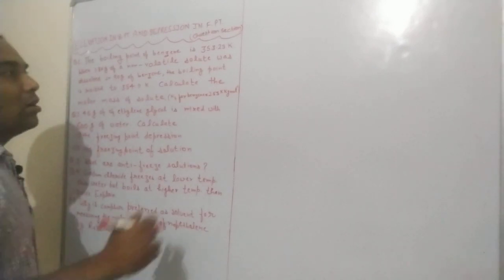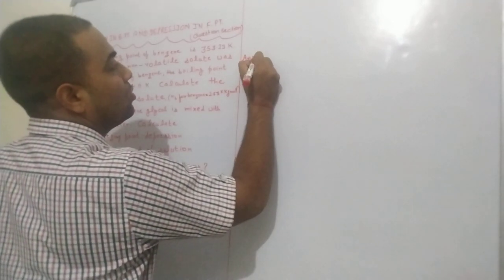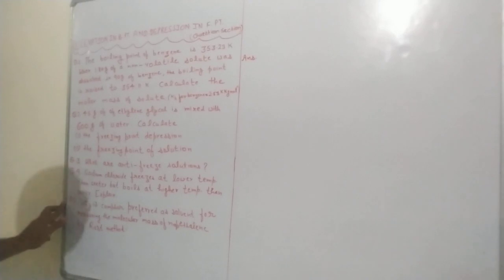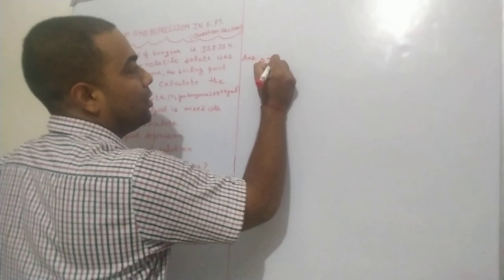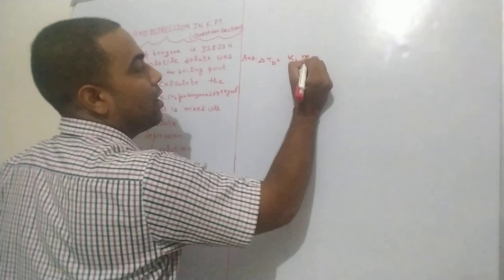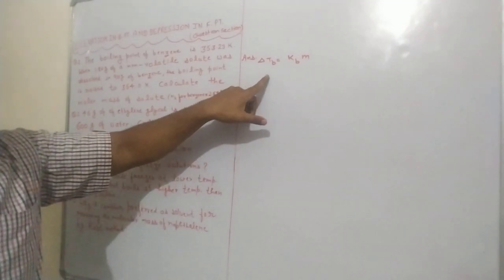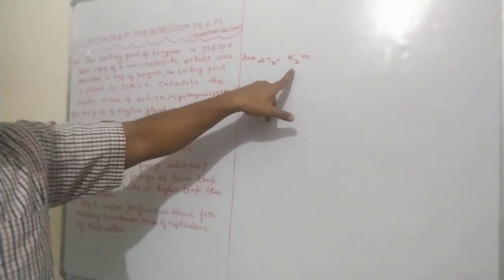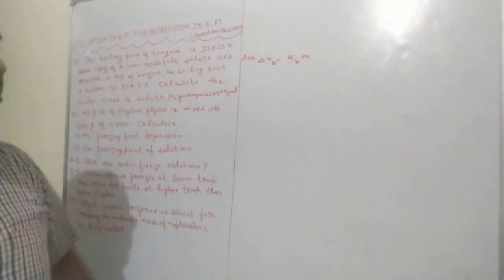First of all, we will write the equation related to this question, because we know this question is related to elevation in boiling point. The formula for delta Tb is equal to Kb m, where delta Tb is the boiling point elevation, Kb is the molar boiling point elevation constant, and m is our molality.